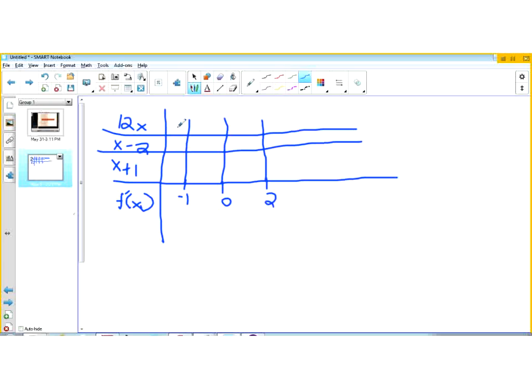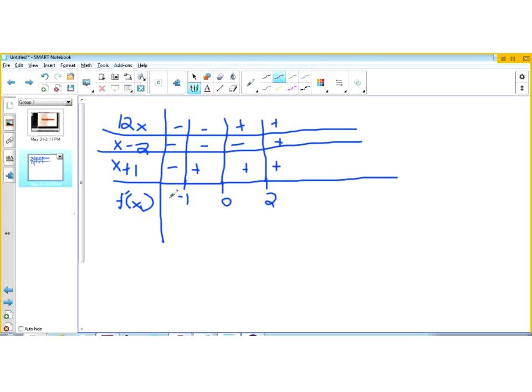Okay, so if x is less than 0, this factor, of course, is negative. If x is less than 2, this factor, of course, is negative. And if x is less than -1, this factor, of course, is negative.